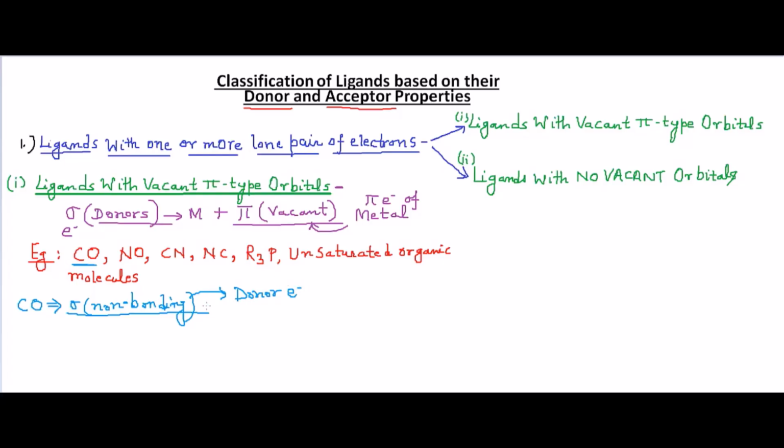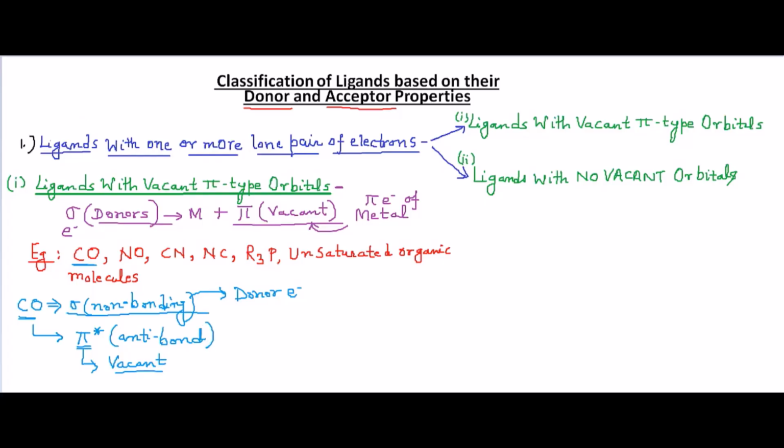And in addition to that, this carbon monoxide also contains the pi star antibonding orbitals, right? Antibonding molecular orbitals which can accept an electron from the metal, because these pi star orbitals are vacant. In short, I'm explaining what happens in the carbon monoxide molecule which can act as a ligand.